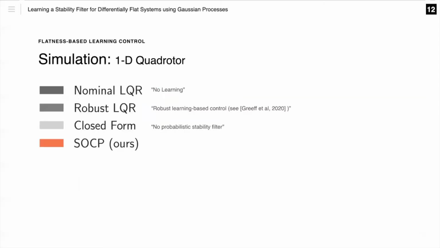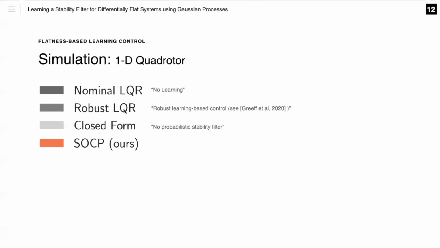We now compare our approach to related approaches in simulation on a 1D quadrotor, where the quadrotor is just moving in the x direction. So we consider nominal LQR, where the linear controller is an LQR controller, and there is no learning.